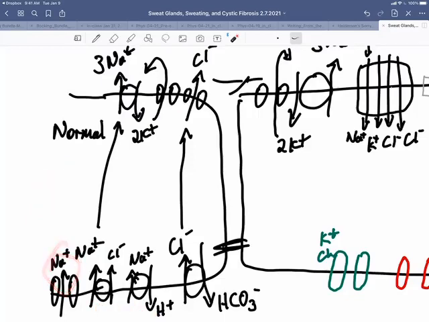There are sodium channels. There's a sodium and chloride co-transporter that's driven by the low sodium concentration in the cell from the sodium-potassium pump. There's a sodium proton exchanger that moves acid in, and there's also a chloride bicarbonate exchanger that brings chloride back and other avenues. So normally you're reabsorbing sodium and chloride and moving them into the extracellular fluid in the colon.